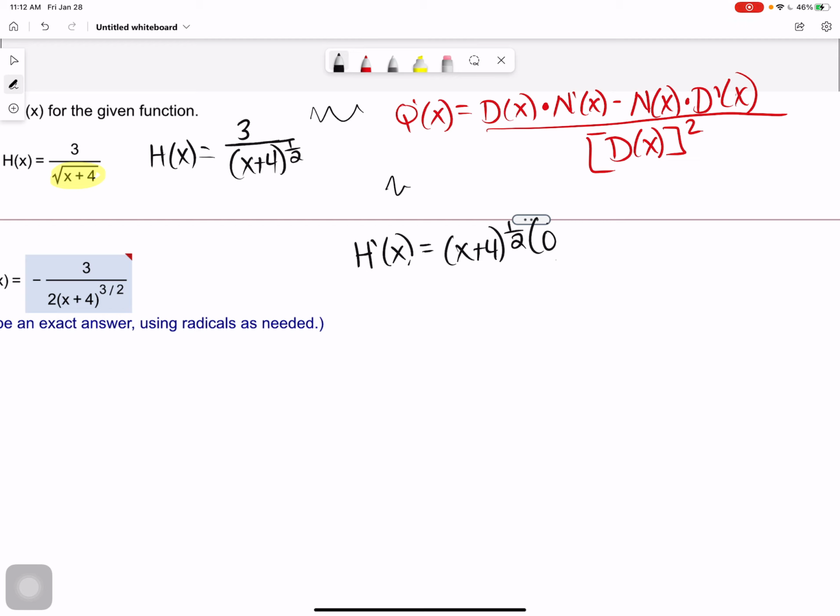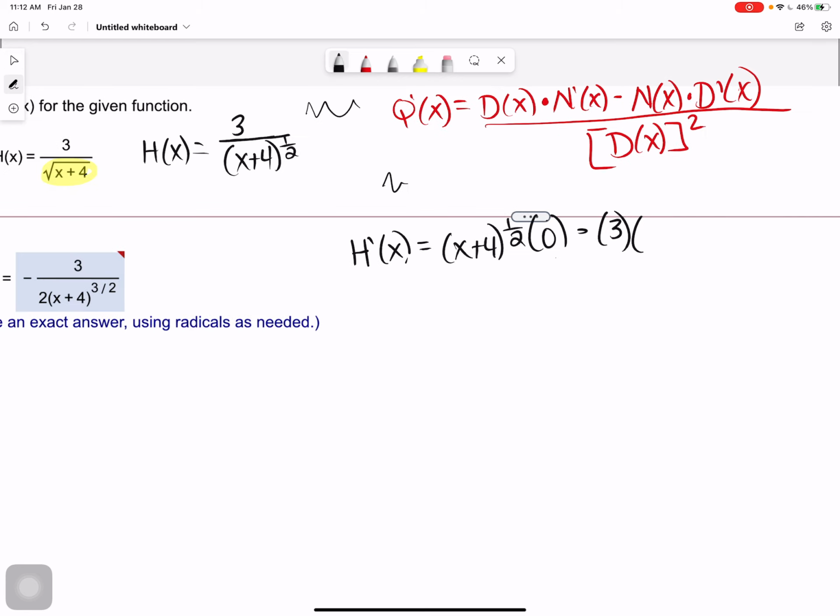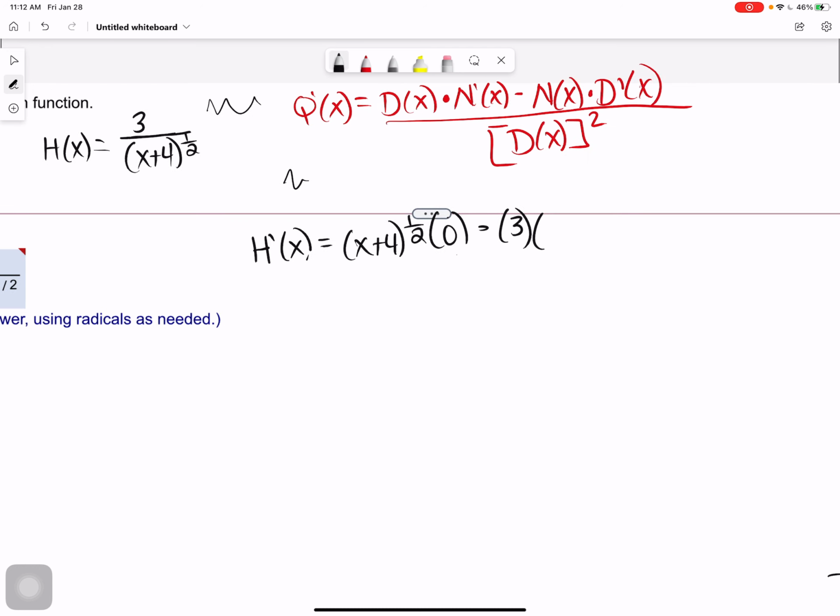It's the bottom times the derivative of the top minus that top times the derivative of the bottom. And the bottom is x plus 4 to the 1/2 power. So what I'm going to do is bring that, let's use a different color. Remember, we would have to bring that 1/2 out front. So that would be 1/2 times x plus 4.